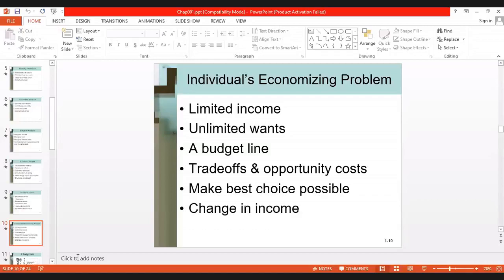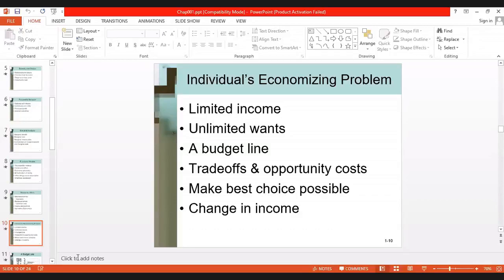If we want to buy more of something, we have to give up the other commodity. So there is a trade-off between these two commodities.